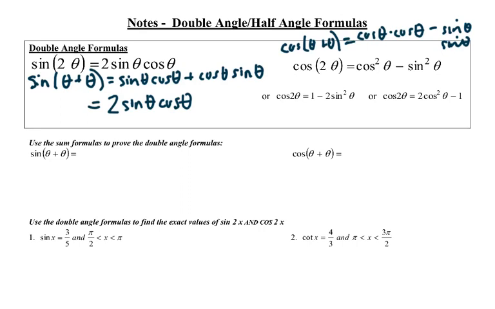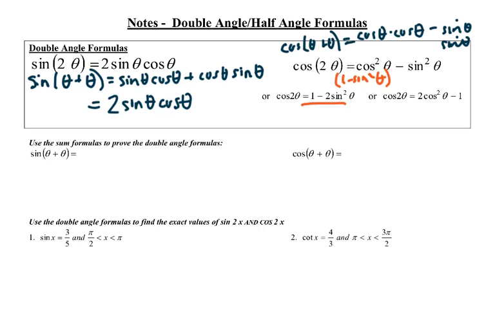So we can write cos squared, for example, as 1 minus sine squared. And if you replace cos squared with 1 minus sine squared, 1 minus sine squared minus sine squared is 1 minus 2 sine squared.